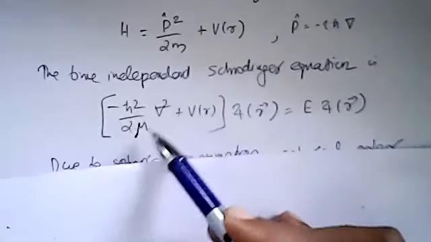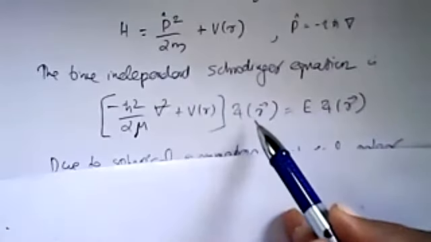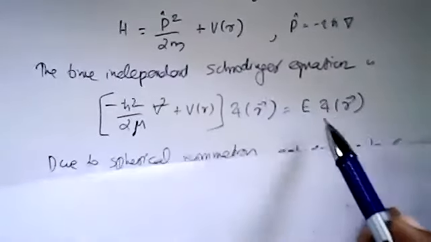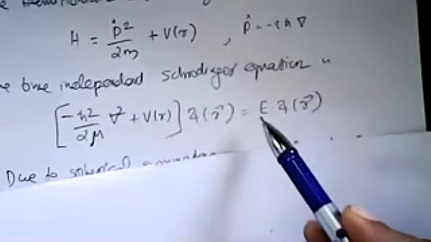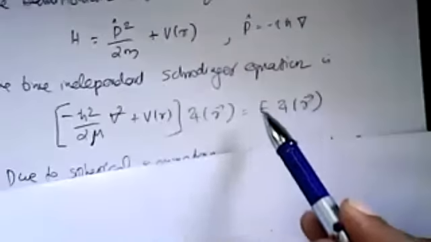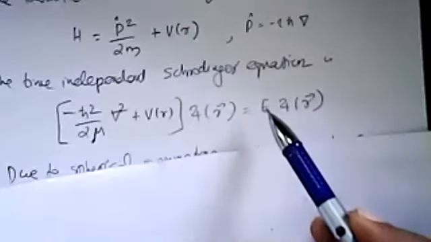Okay, kinetic energy plus potential energy, that is the Hamiltonian. Then psi of r, total energy, equal to E into psi of r. E is a constant, because for the time independent equation, E is a constant.